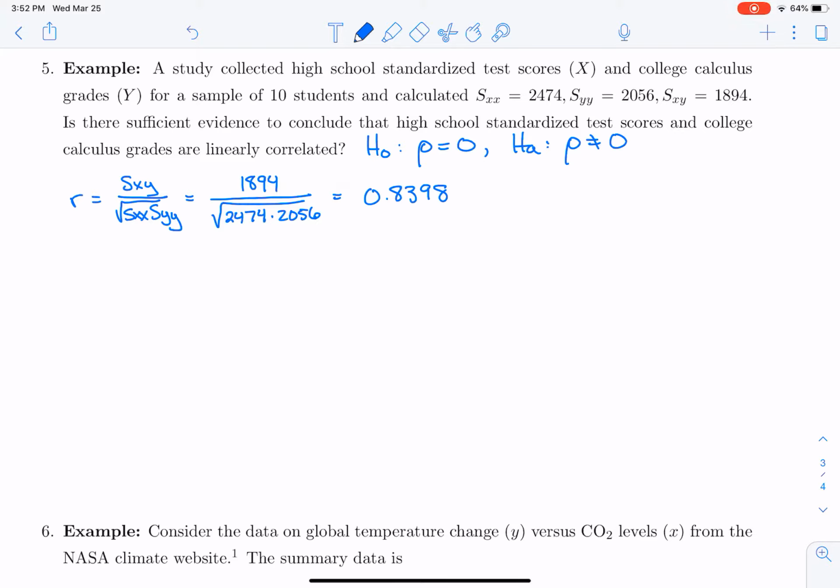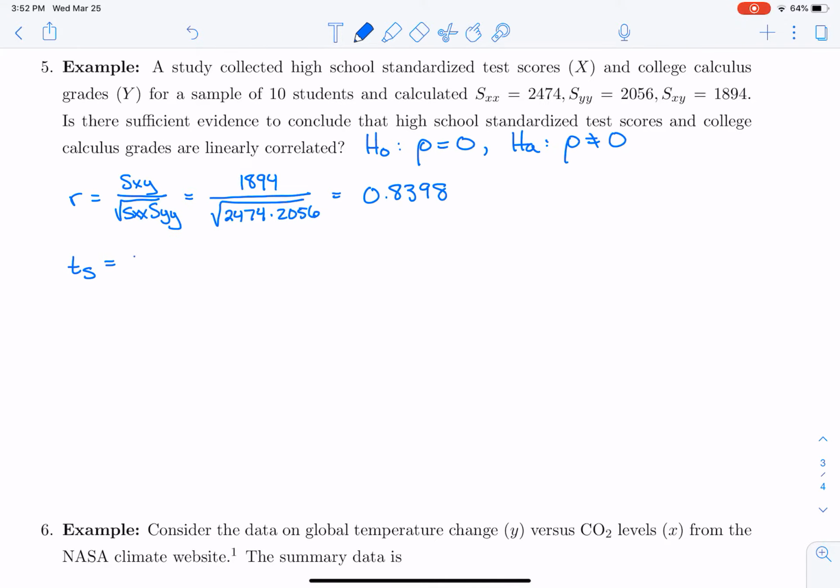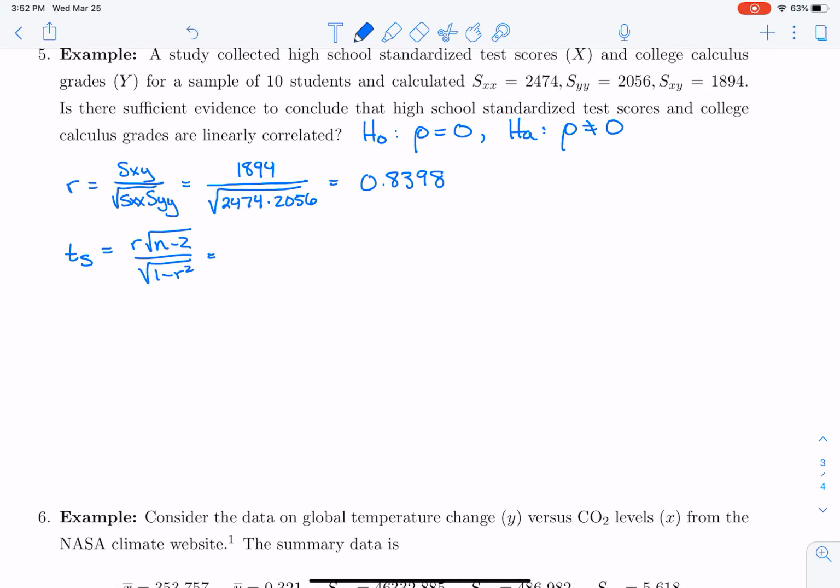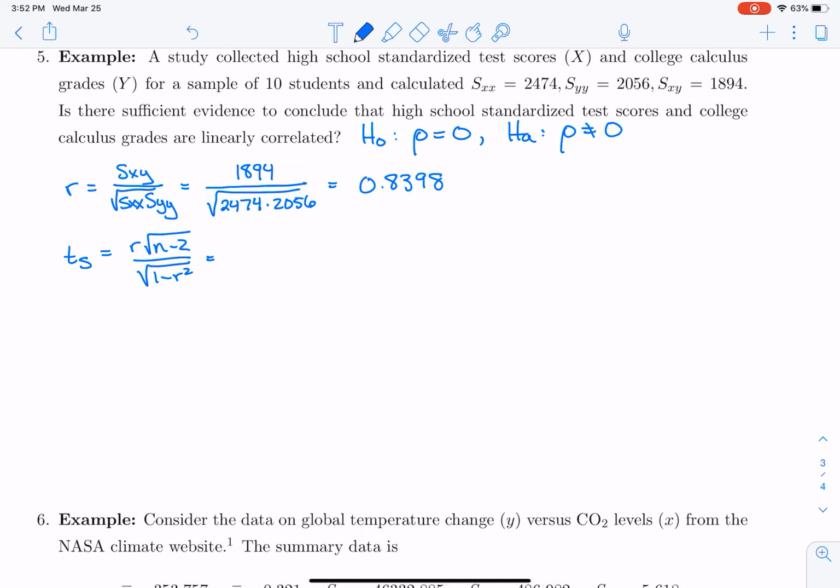Now already I'm thinking that's probably not going to be 0 when I do my test, but we want to actually run the t-test to figure out if that's the case. So my t-statistic is r times the square root of n minus 2 over square root of 1 minus r squared. That's going to equal r, which was 0.8398 times square root of n minus 2.